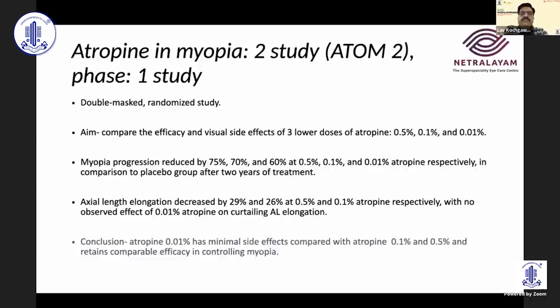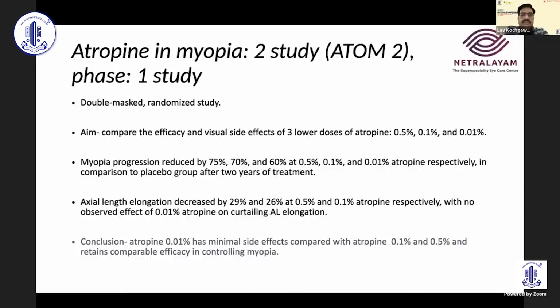Then came the ATOM 2 study, in which three concentrations were used: 0.5, 0.1, and 0.01%. This is the first study in which the present form of atropine that we use came into being. They concluded that myopia progression was reduced by 75, 60, and 50% with the lower concentrations of 0.5, 0.1, and 0.01% respectively.